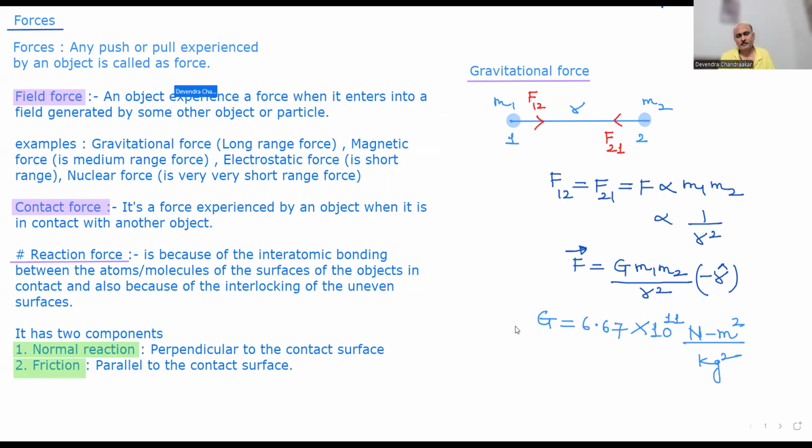This term is called the universal gravitational constant. लिखिए इसको, ऑल ऑफ यू राइट इट.